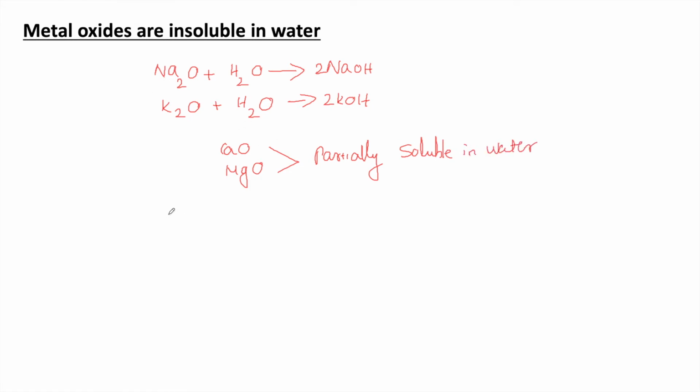All other metal oxides are insoluble. Okay. So the reaction of metal with oxygen and the properties of metal oxides we already learned. And now we will discuss the reaction of metal with water.